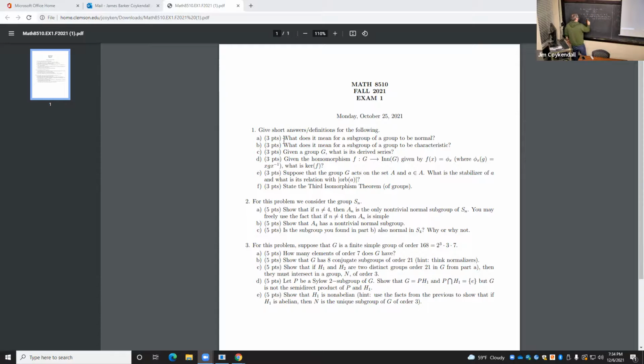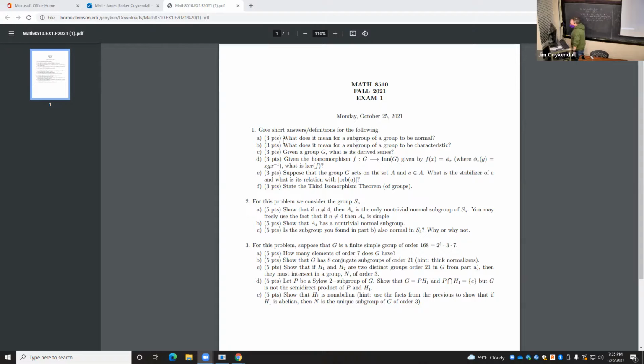So the normalizer in G of H is of order 21. Each one of these Sylow 7 subgroups must have a normalizer of order 21, and there have to be 8 different ones, one for each conjugate, because there are 8 different 7 groups. So there are 8 subgroups of order 21.